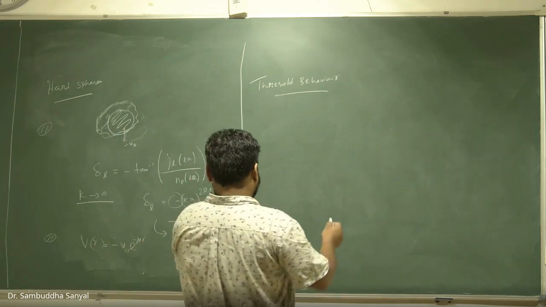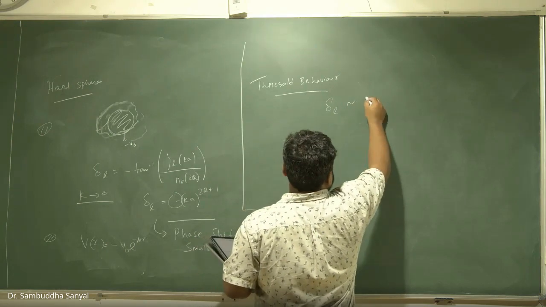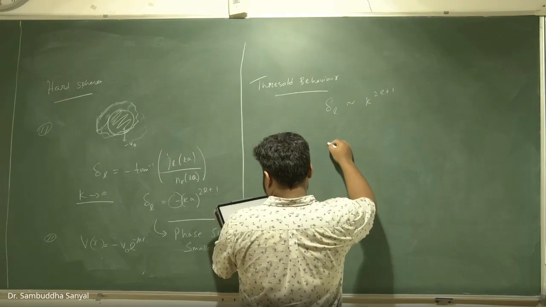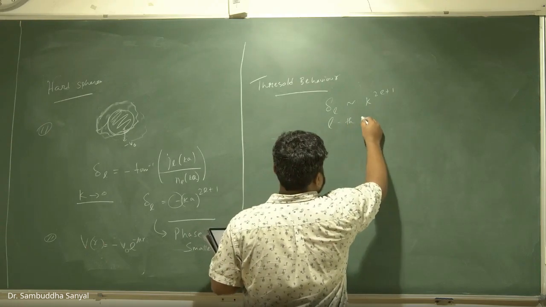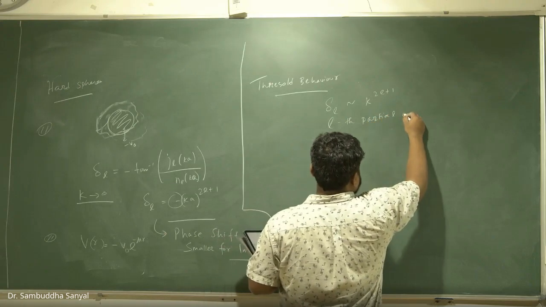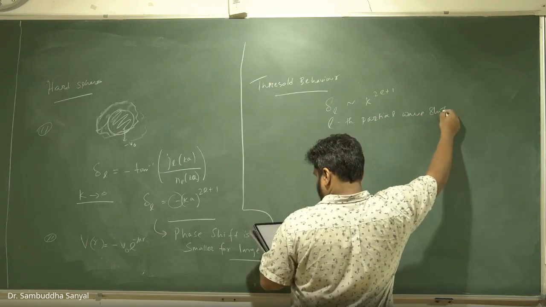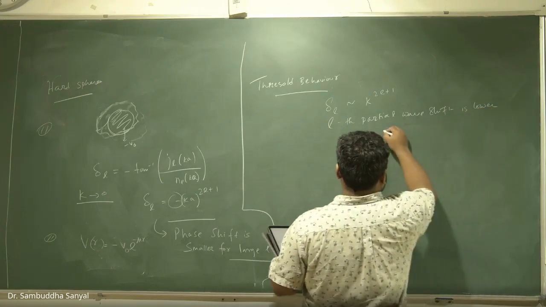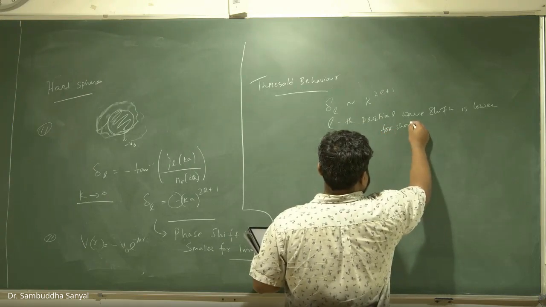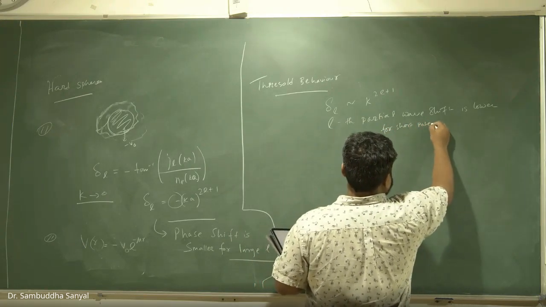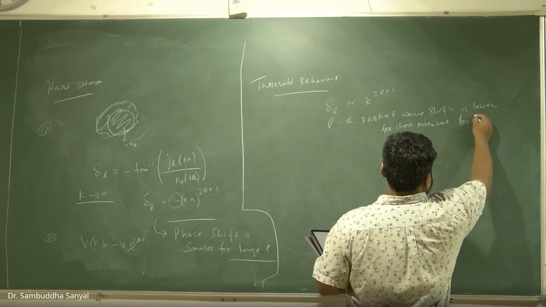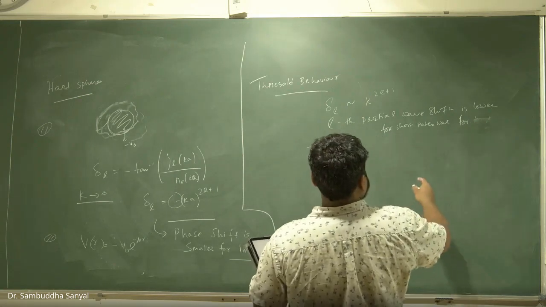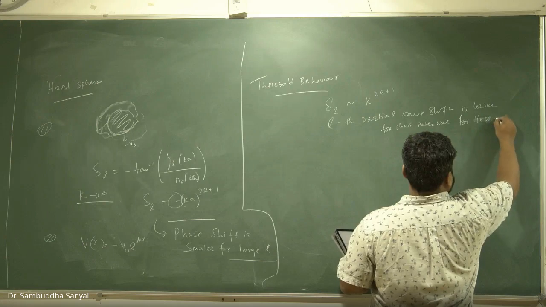So the idea is that this delta L, modulo the sign, goes as k to the power 2l plus 1. So the l-th partial wave phase shift is lower, this behavior is lower for a short range potential, for the l-th partial wave at this momentum.